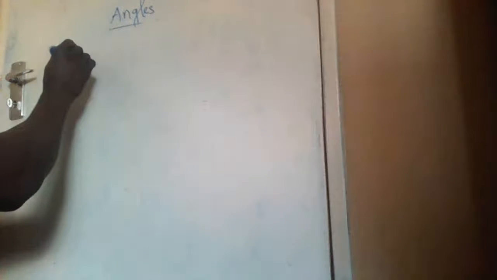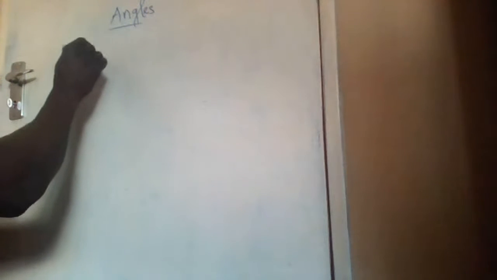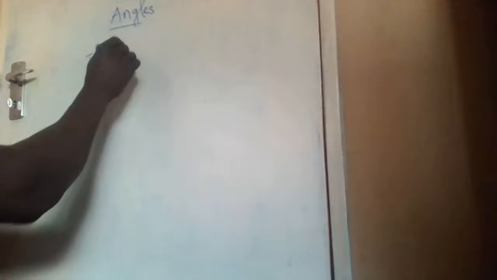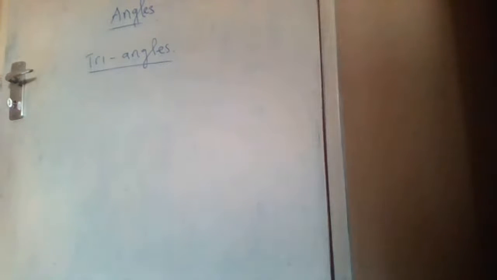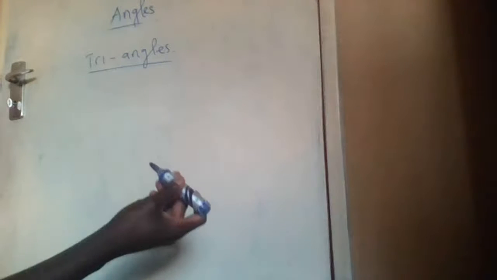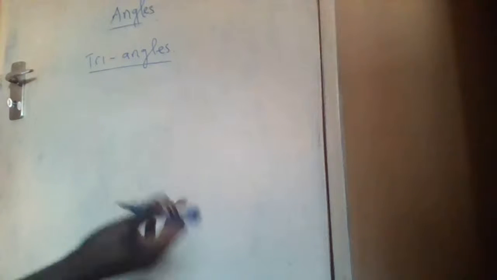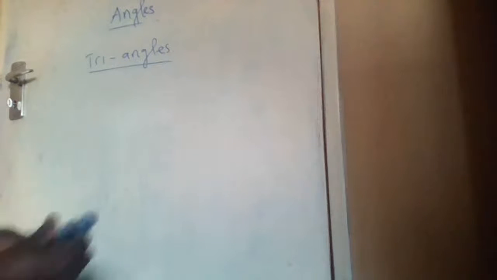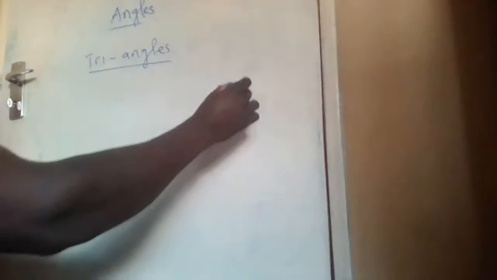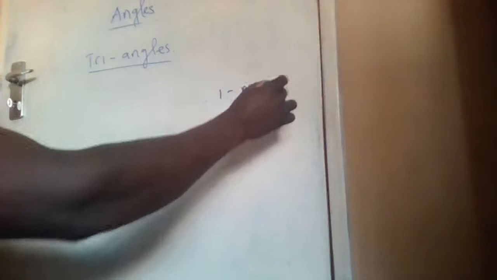So the angles that are associated with the triangles, let's look at the triangles. Now, there are certain things that we use as short ways of representing something. For one, mostly we use the word mono.